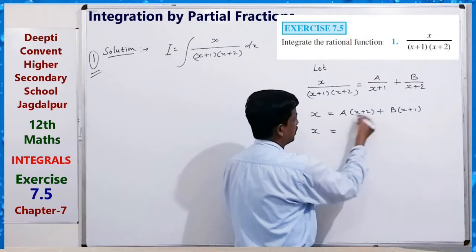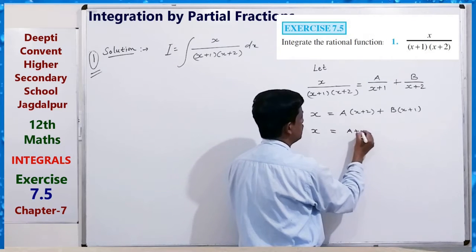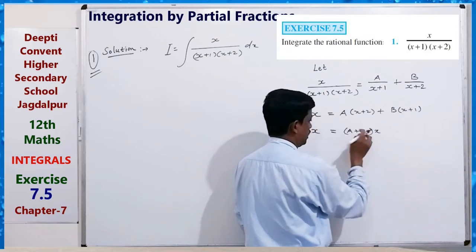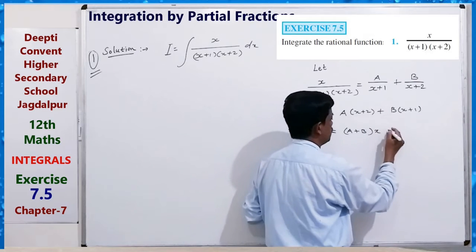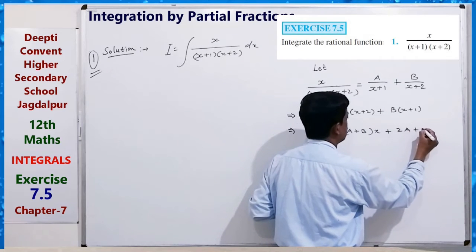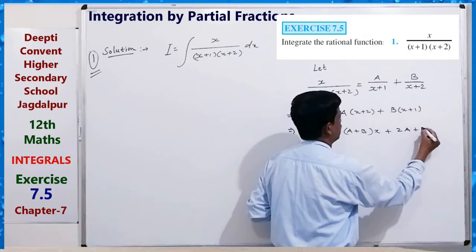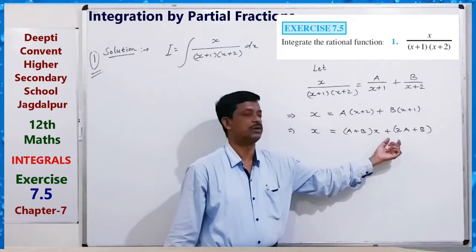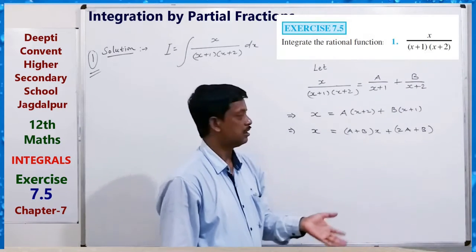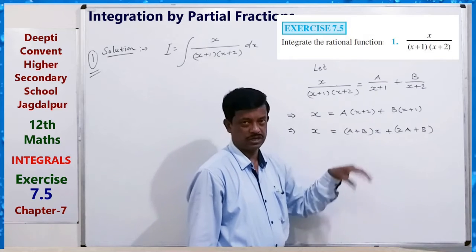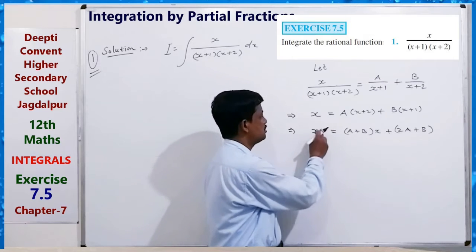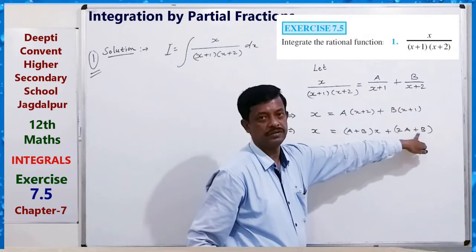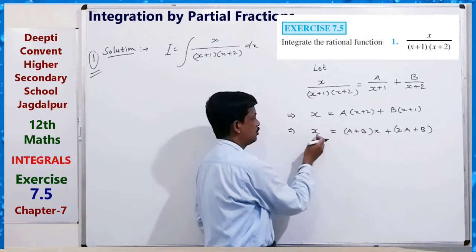Suppose here we can write Ax plus Bx as (A plus B) times x, the coefficient of x, plus 2A plus B, the constant term. Here a degree 1 polynomial, here also degree 1 polynomial. So we can compare the coefficient of x on both sides and the constant term. The constant term on the left is 0. Here the coefficient of x is A plus B, and on the left the coefficient of x is 1.